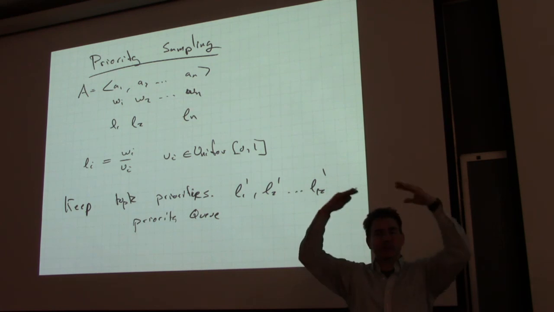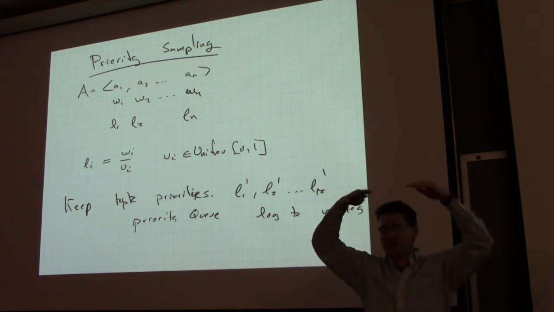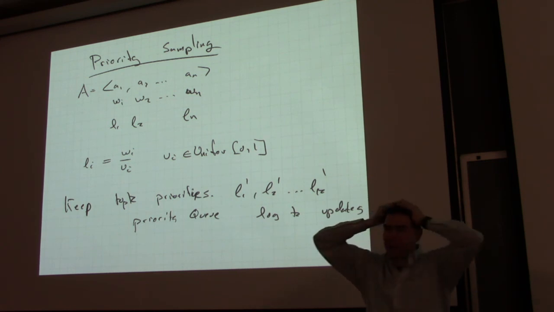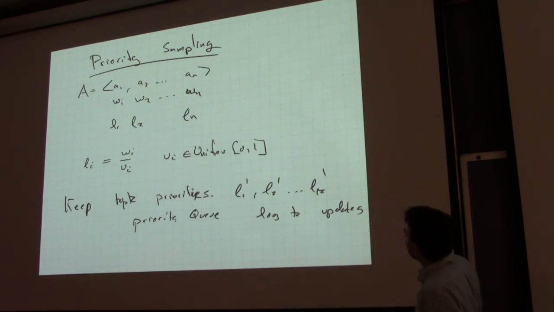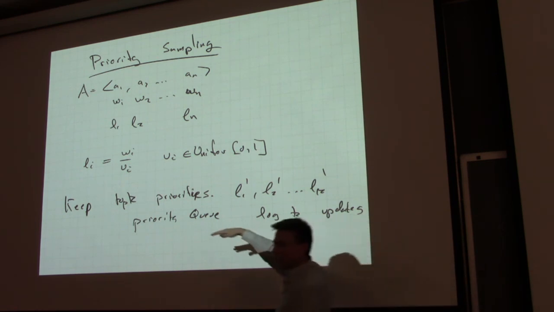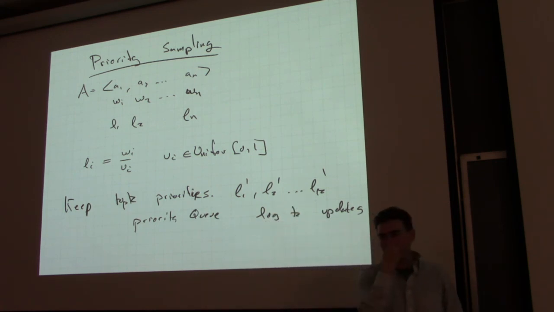You only need to maintain the top k part of this, and so this takes log k updates. You can think of maintaining a balanced binary tree over these weights, and you only need to maintain the top k of them, and you can do this efficiently.